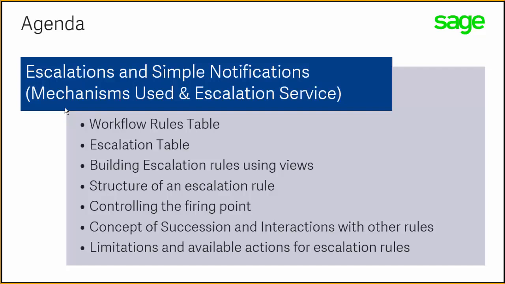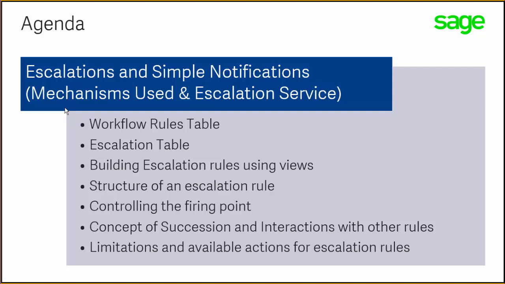And so we'll be looking at the use of the workflow rules table, how that fits in with the other metadata tables, the idea of the escalation table, and the way in which some of the views which are used within the system work. And then we'll go through the creation of an escalation rule, so understanding the idea of the firing point or the trigger mechanism, and then think about some of the other concepts that sit around escalation rules.